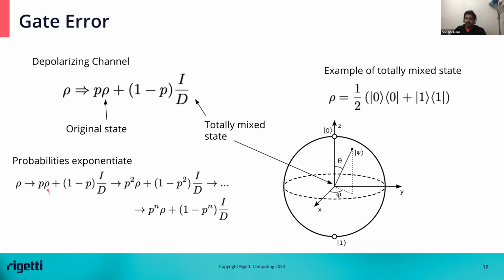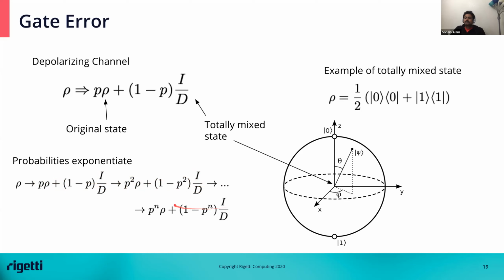This doesn't maybe immediately follow, but if you work out the math and do some algebraic simplifications, you should be able to convince yourself that, if I replace rho with this expression again, this is equal to p squared times rho plus 1 minus p squared times the totally mixed state.